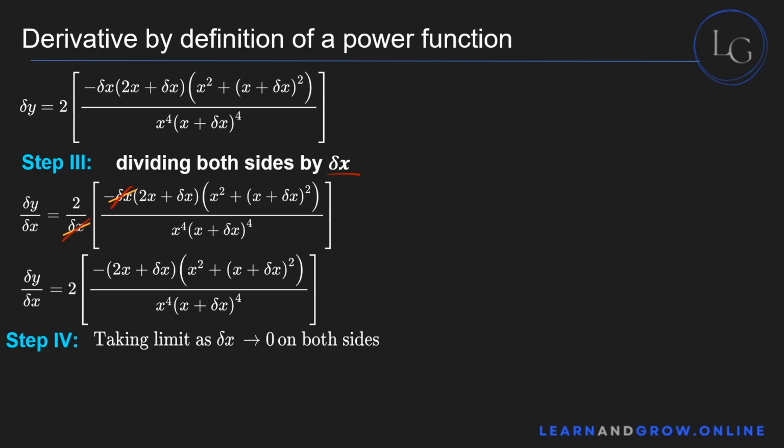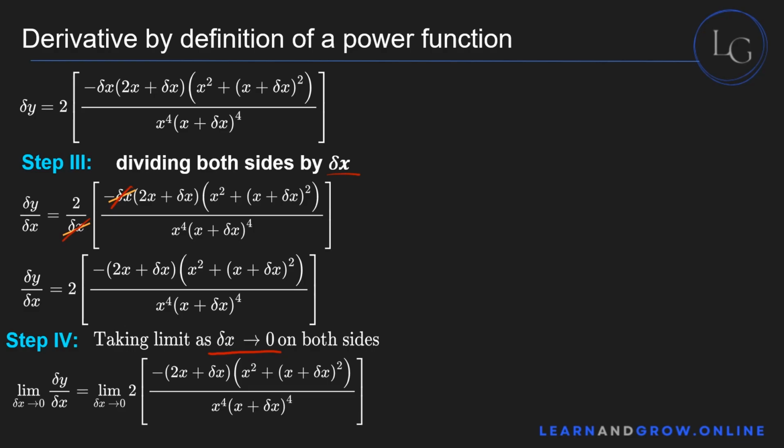And now you'll go to step 4, which was to take the limit as delta x approaches 0 on both the left hand side and the right hand side. And so now this is what you get. Now, as you remember, this is the complete form of the derivative of y with respect to x. And so you'll apply this limit as delta x approaches 0 on this whole thing, this entire bracket.